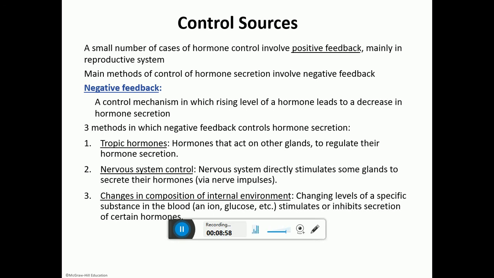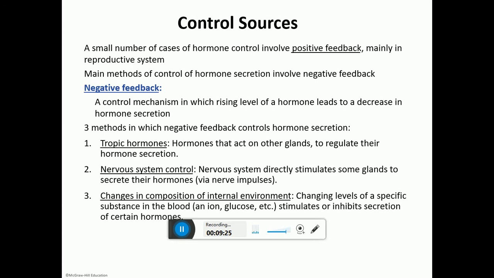But basically the rest of our hormones are controlled through negative feedback. We have three different kinds of feedback. We've got tropic hormones, and those are hormones that come from one gland, and they basically control the secretion from another gland. There's also a control of the nervous system, so the nervous system does control how much hormones we make.